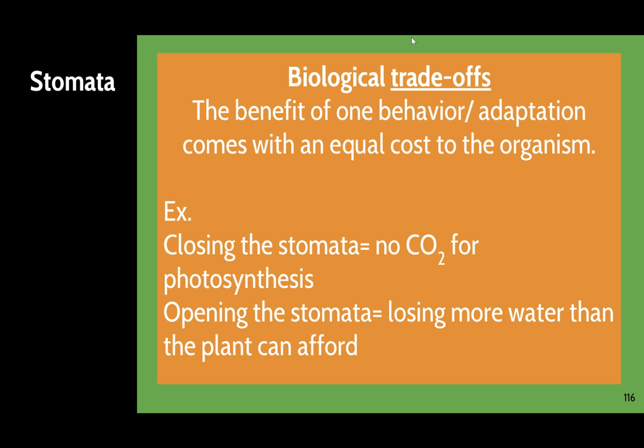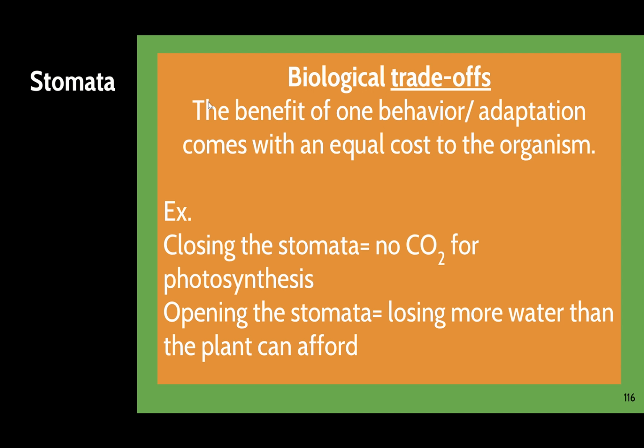All right, and this goes into a concept that you guys are going to see all the time. You need to be very well aware of this concept of biological trade-offs. Now, this is going to come into play most of the time when we're talking about behaviors and adaptations, but this is a really good example. You will definitely see a question on biological trade-offs somewhere on your AP exam.